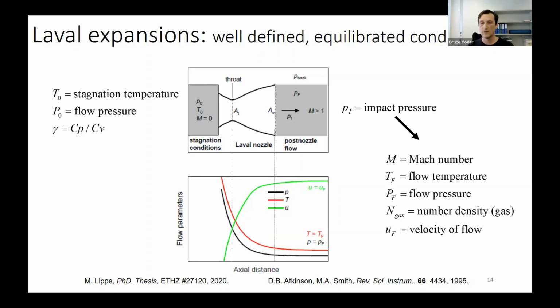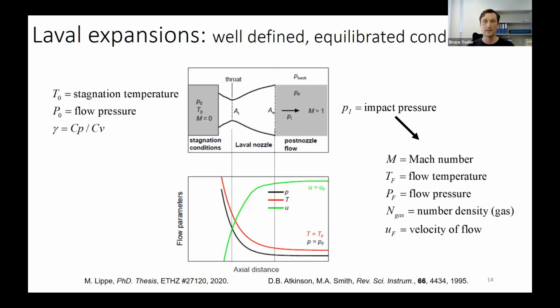The velocity reaches a constant value UF near the nozzle exit. The pressure and temperature decrease drastically in the Laval nozzle and then reach a constant value. The gas in the nozzle can become supersaturated and cluster growth induced.